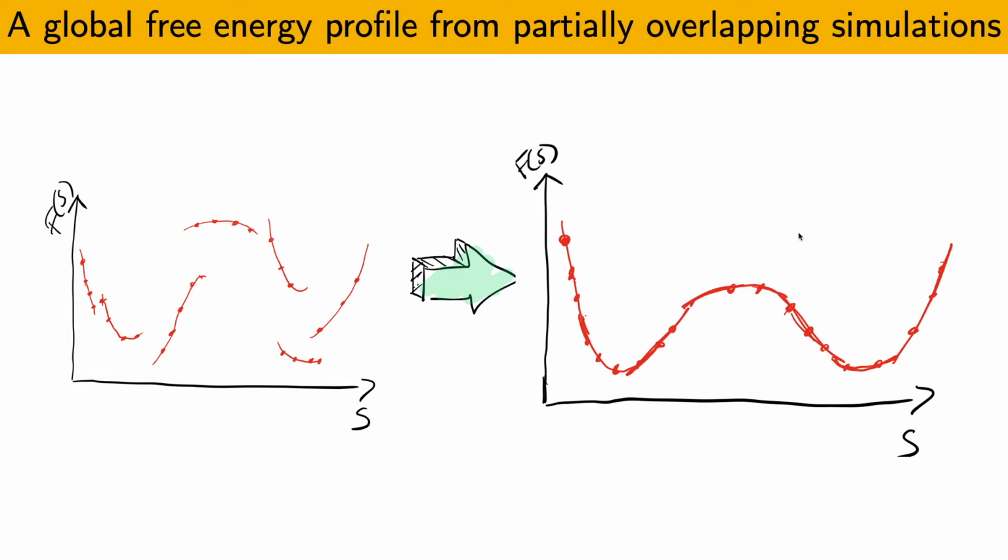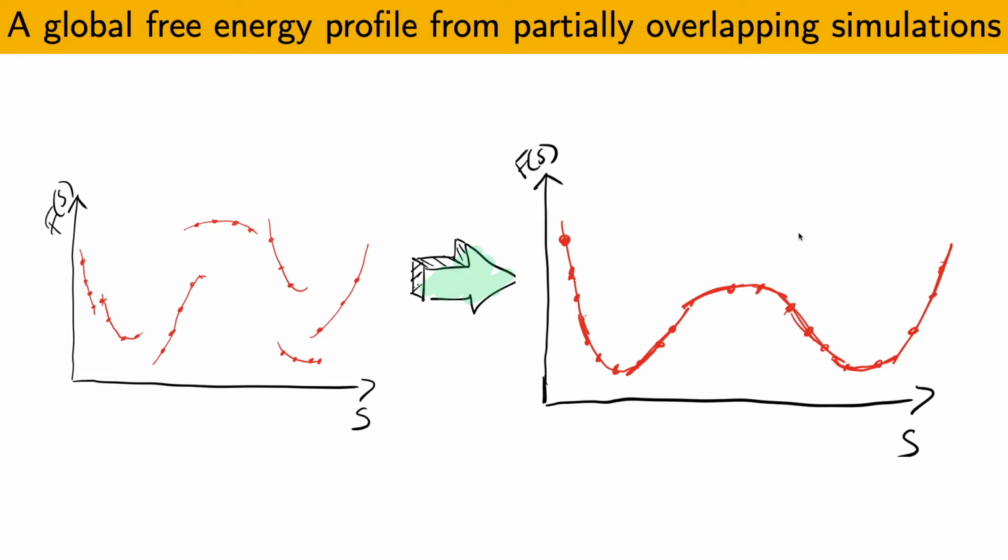A popular approach that is typically used to define these constants and to compute the offset of the free energy surfaces defined locally in every window is called the weighted histogram analysis method, or WHAM.